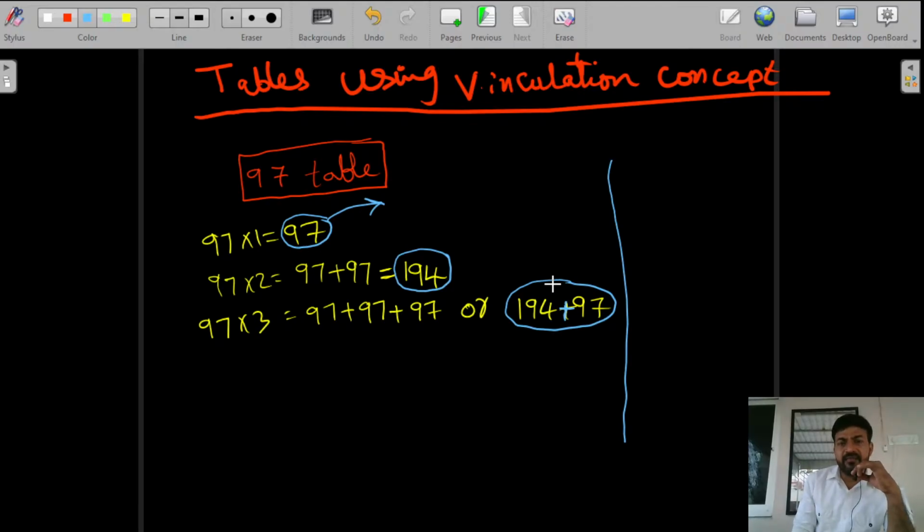That is the reason we use this vinculation process. I have told you earlier why we use vinculation or devinculation. Vinculation is the process of converting higher digits into lower digits to simplify our calculations. Okay, so devinculate 97, what will you get, everyone?